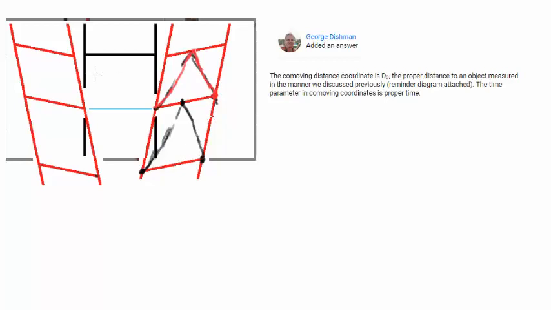And so the event of measurement for these two coordinates, let's draw lines for that too. We'll have the event of measurement. So this is when this observer sees this event and this event. And then this is when this observer observes that event and that event.